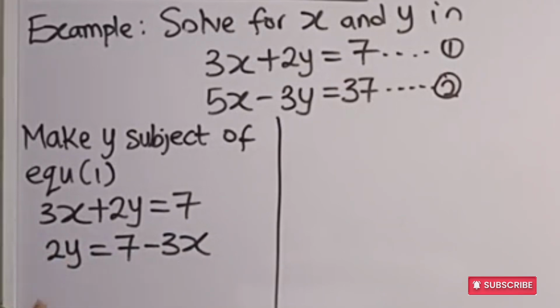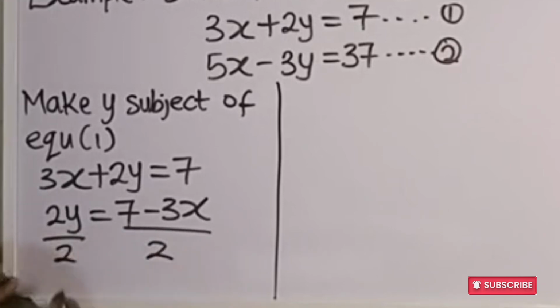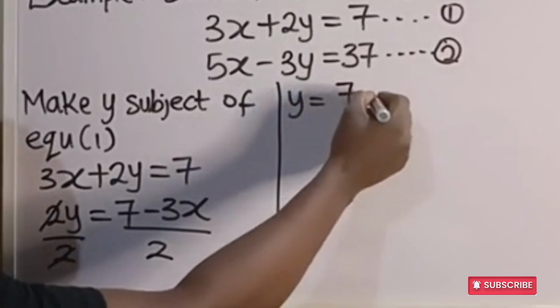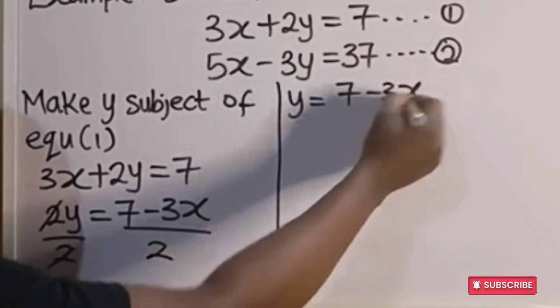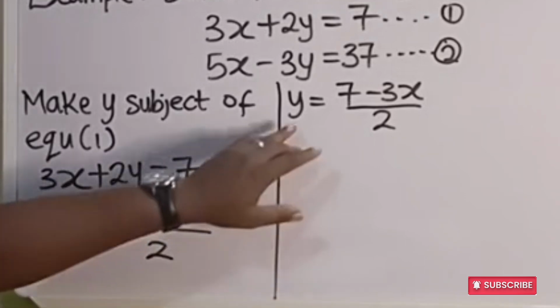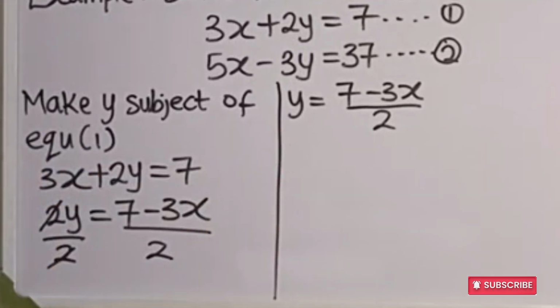Next, we need to eliminate 2 from the left. We do that by dividing both sides by 2. So 2 is going to cancel out 2, and we have y is equal to 7 minus 3x all over 2. At this point, since y is alone on the left, we have made y the subject of the formula.